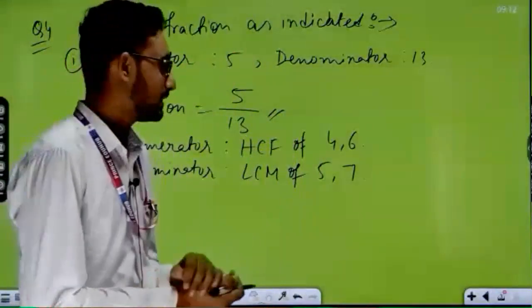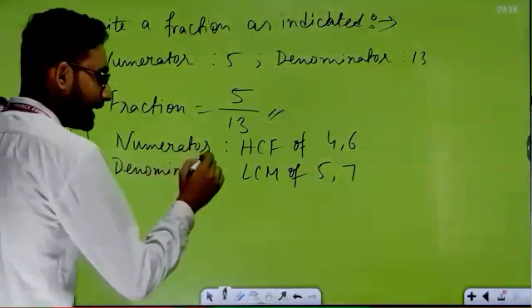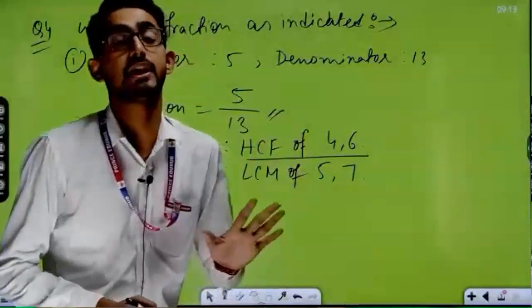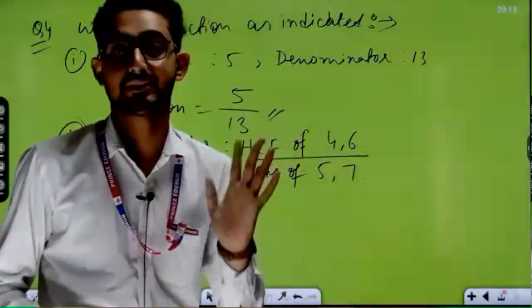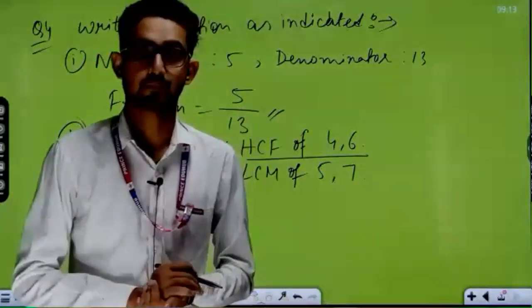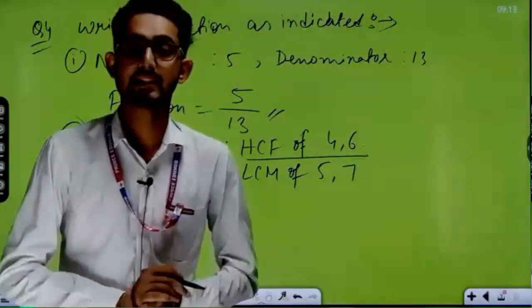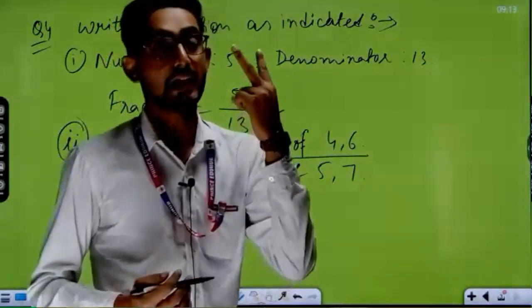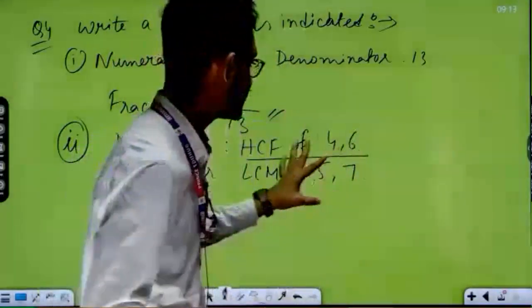First of all, think all of you, what is the HCF of 4 and 6? You should know this first. Anyone know? Yes, 2. The HCF of 4 and 6 is equal to 2.